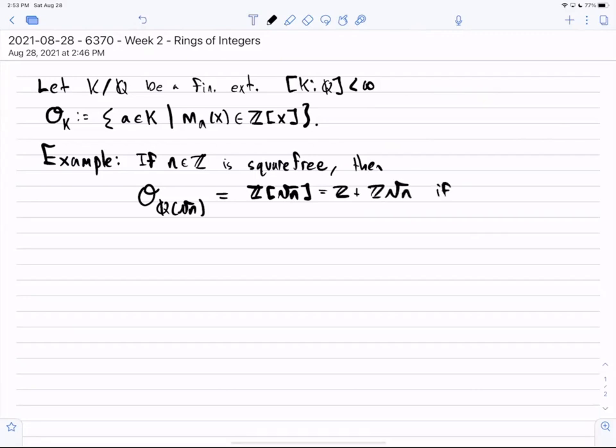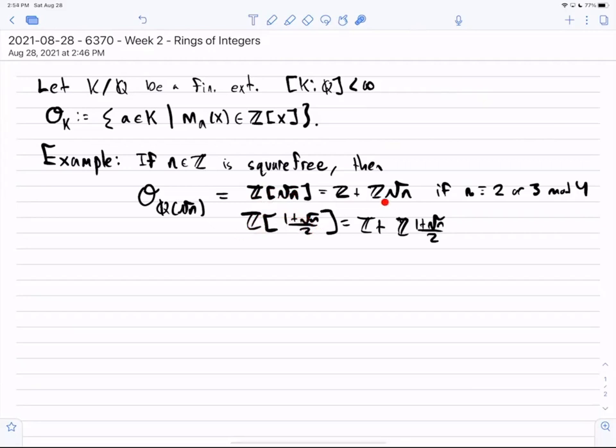if n is congruent to 2 or 3 mod 4. And it's going to be equal to Z adjoin (1 plus square root of n) over 2, which in this case is just the Z module spanned by 1 and (1 plus square root of n) over 2, if n is congruent to 1 mod 4. Here the notation means the smallest ring containing Z and square root of n, and here the smallest subring containing Z and (1 plus square root of n) over 2.